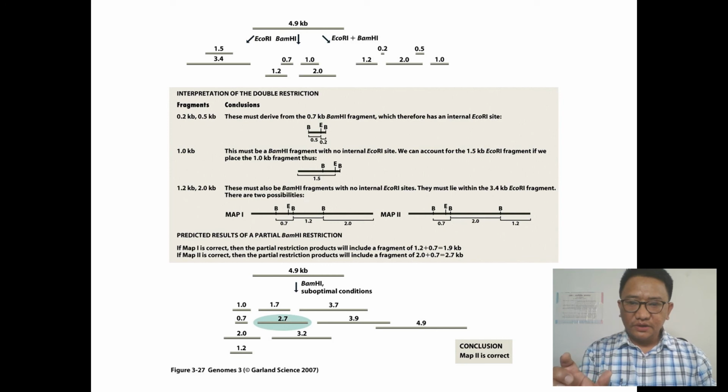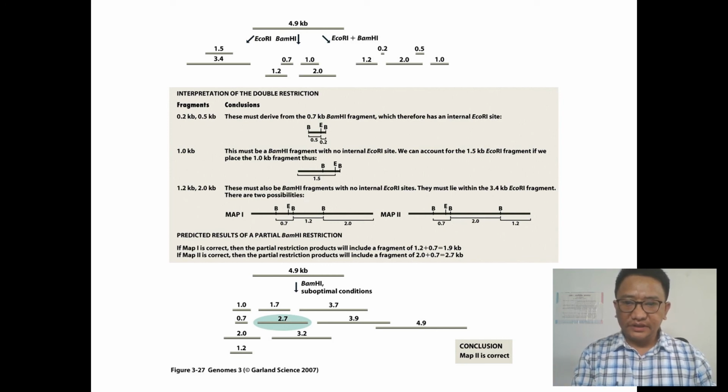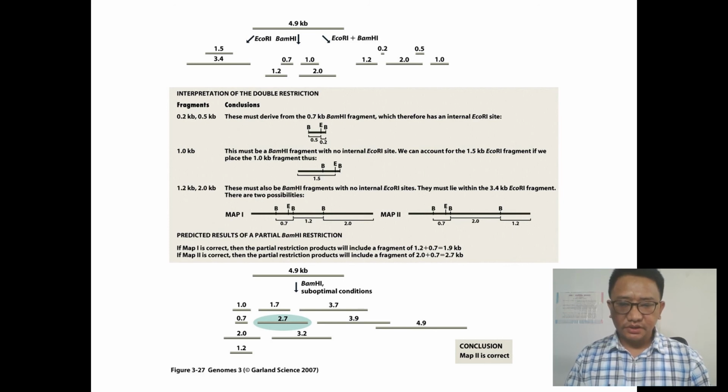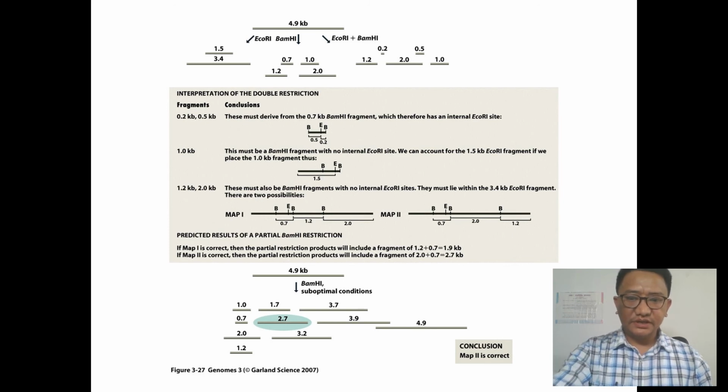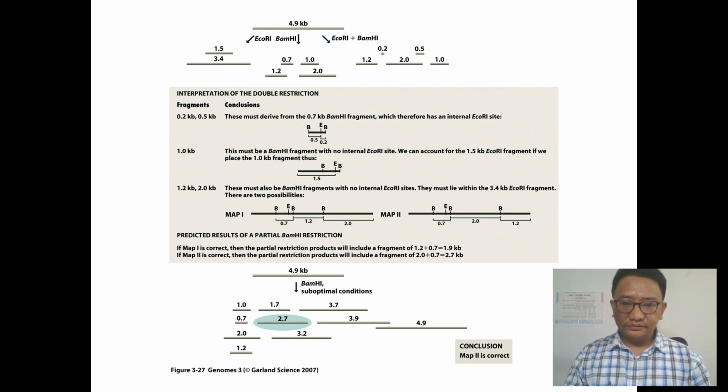Now the 1.5 kb EcoR1 fragment could be the 1 kb fragment from the EcoR1 plus BamH1 digestion product. So 1.5 kb can be constructed in the way it has been assembled here. So far the story is clear and very simple. We have mapped the EcoR1 site and the BamH1 site till now.